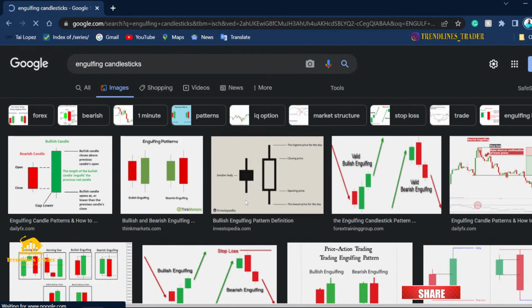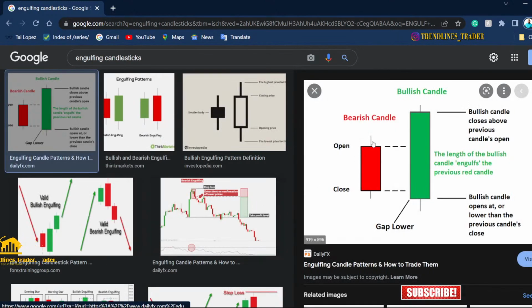I hope you do your studies. This is what I want you guys to see. Bullish candlestick, bullish candle, bearish candle. This is a bearish candle, this is a bullish candle. And the length of the bullish candle engulfs the previous red candle.